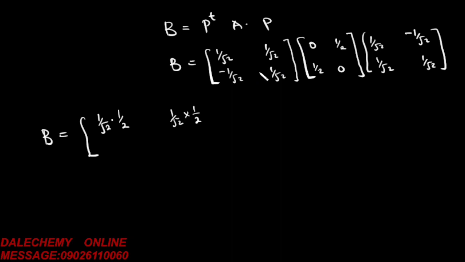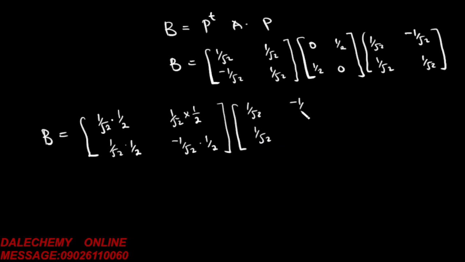So this row times this column as well: this times this will give us 0, then plus this times this, as 1 over square root of 2 times 1 over 2. Then this times this as well, so that's minus 1 over square root of 2 times 1 over 2, then plus this times this, which is going to give us 0. Then times 1 over square root of 2, 1 over square root of 2, minus 1 over square root of 2, 1 over square root of 2.